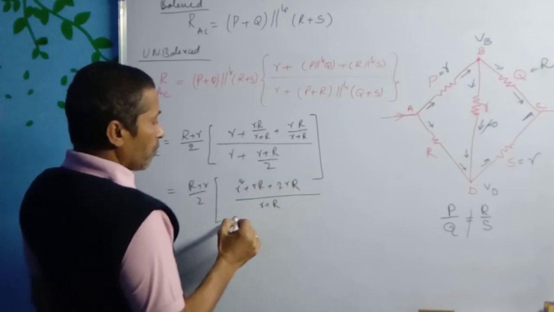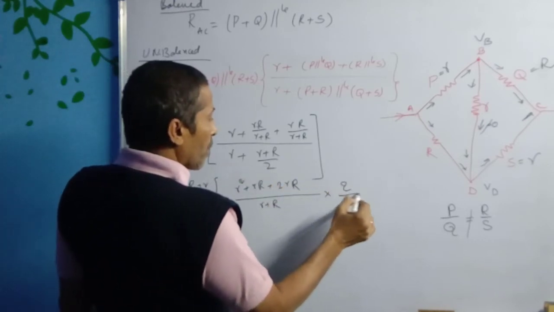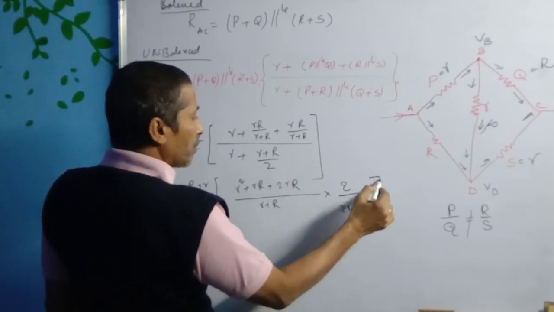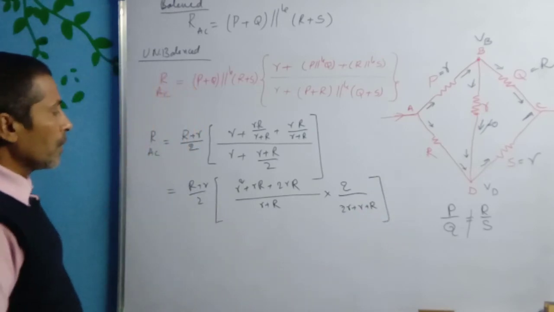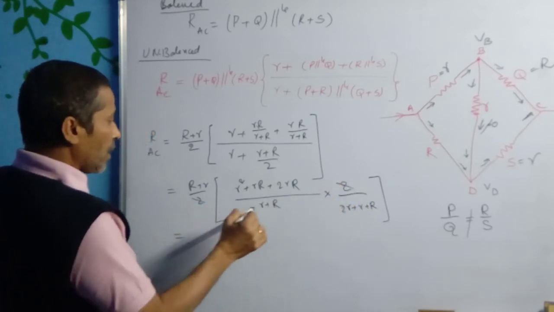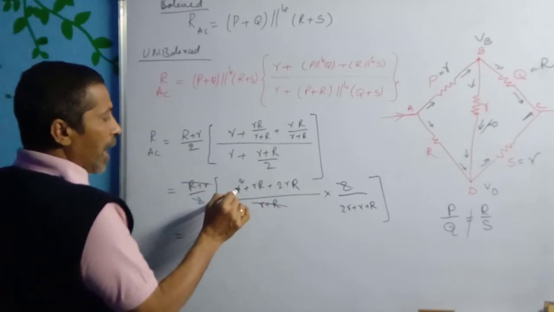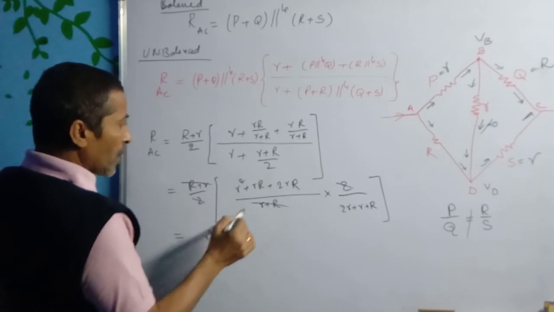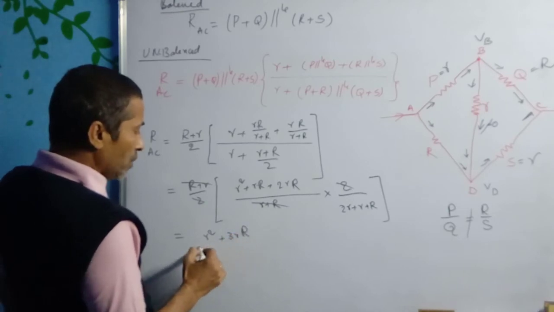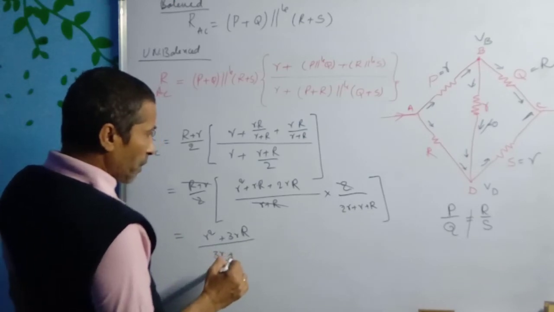Here the LCM is 2: 2r plus r plus capital R. Simplify this one. This 2 gets cancelled, r plus R gets cancelled. r square plus 2rR plus rR is 3rR, divided by 3r plus capital R.